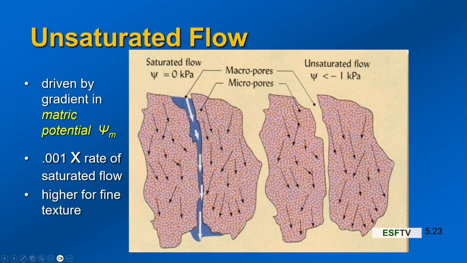And then we get much drier, and we get to field capacity, and we start going below that, and now unsaturated flow occurs. Water still moves around, but we're not moving through macropores, we're now moving through micropores. And again, this rate is 3 orders of magnitude different.